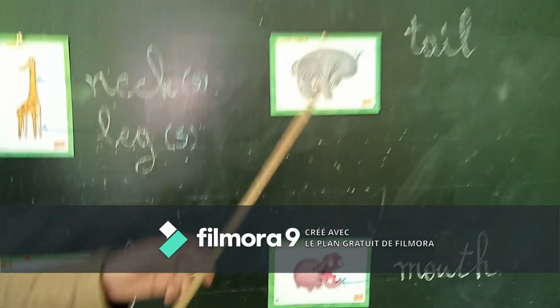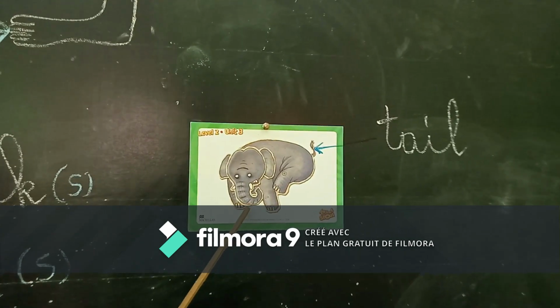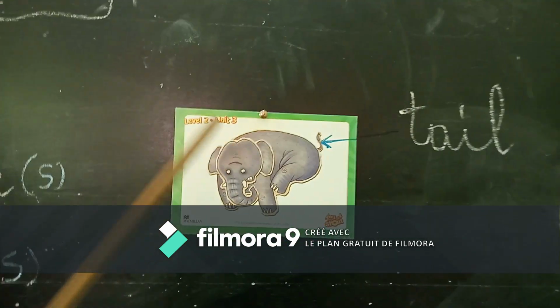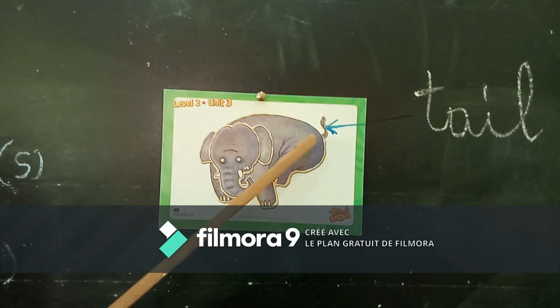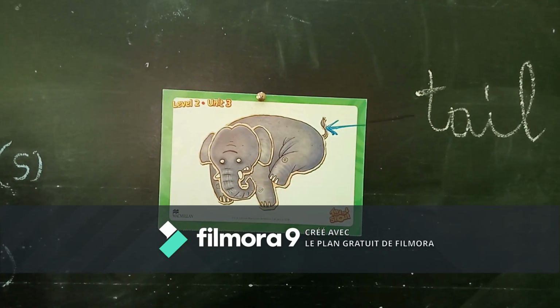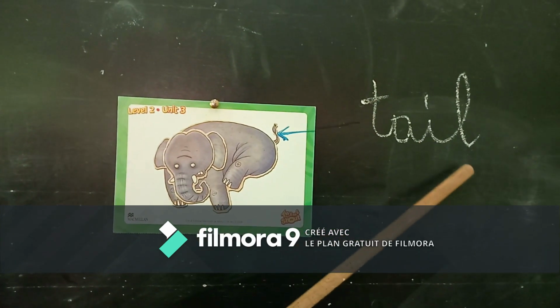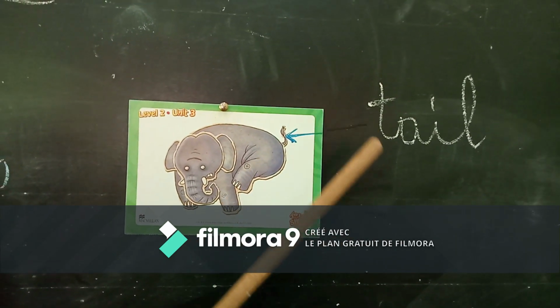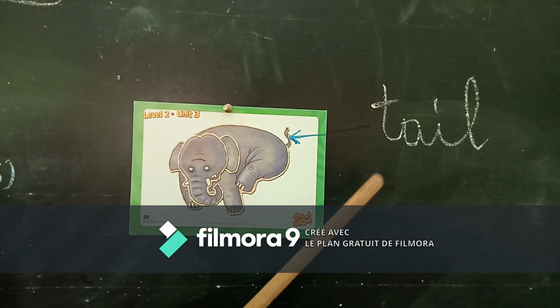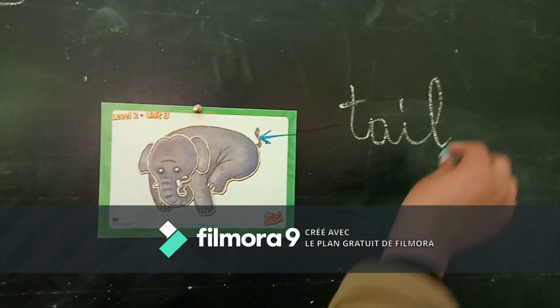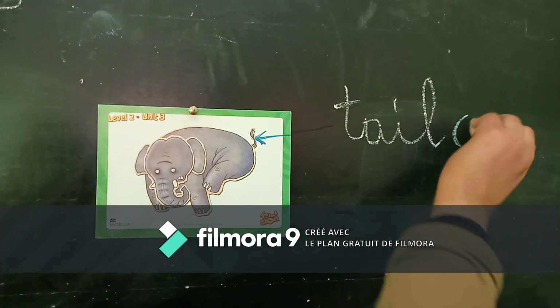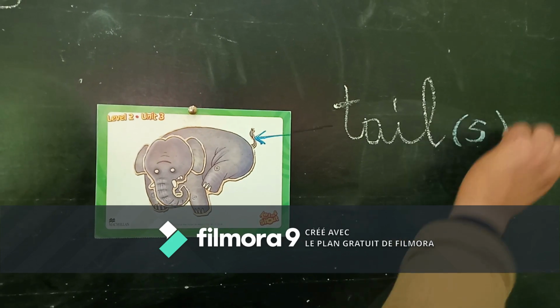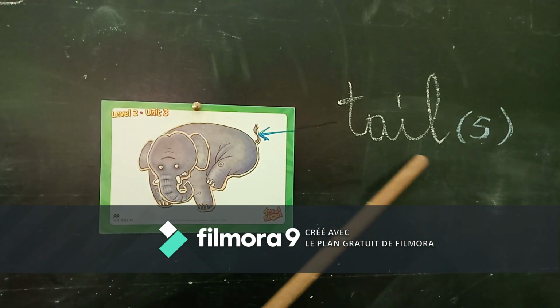And here you have elephant. So the elephant has a short tail. And here we don't write s because we have just one. And as I said to you, if you want to talk about a lot of animals, you can add s, and we say tails.